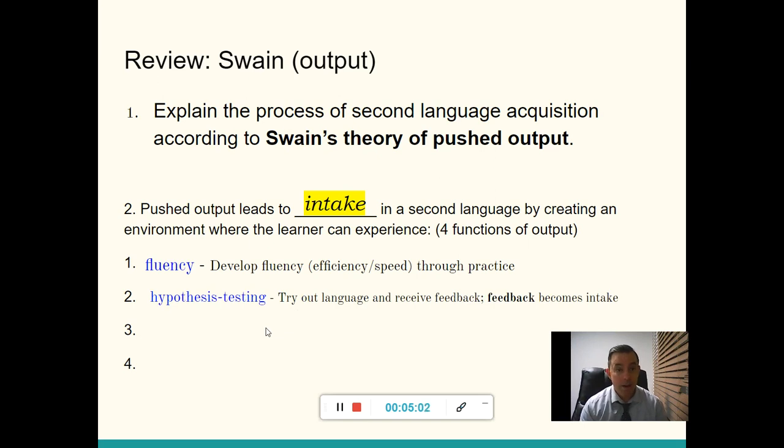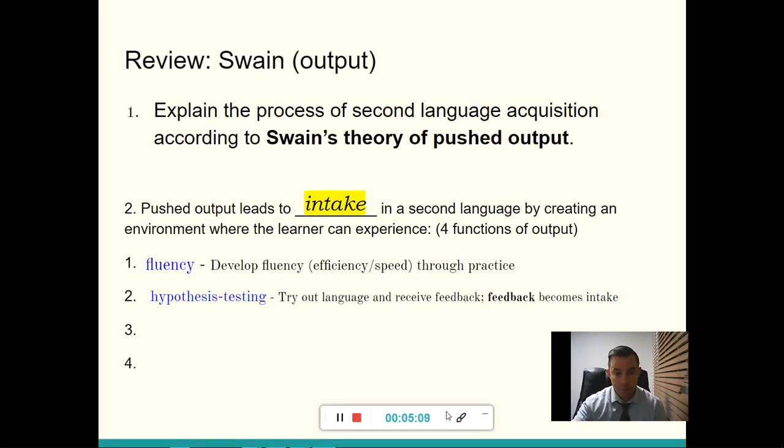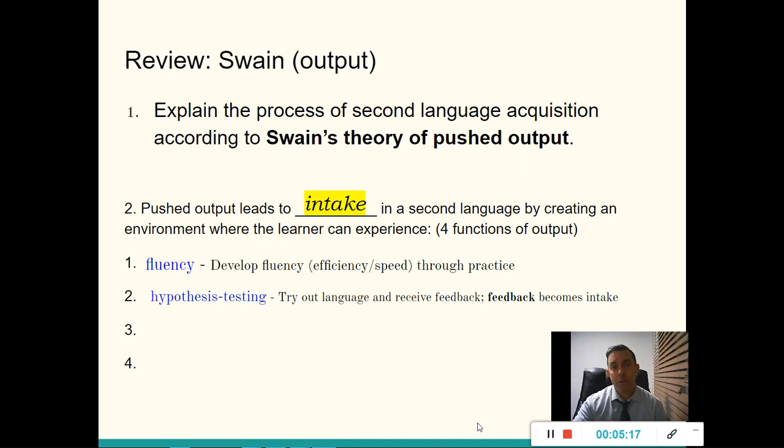So trying out new language, receiving feedback, and that feedback becomes intake. So we can think of it in terms of just trying language for the first time, or you're trying to use something that you think is appropriate in that situation.